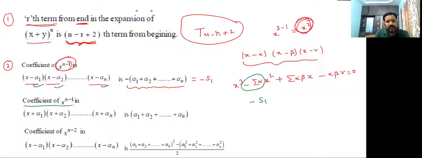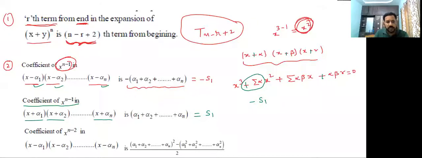The coefficient of x^(n−1) in (x + α1)(x + α2) and so on (x + αn): here take positive. Here also you will get positive. At that time, the coefficient of x^(n−1) is only S1, where S1 means the sum of the roots.